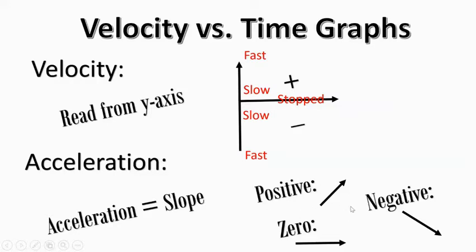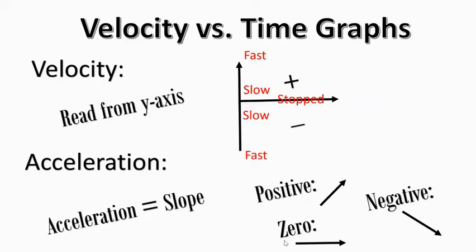If the line is going uphill from left to right, there must be a positive acceleration. If it's going downhill from left to right, there must be a negative acceleration. A flat line, neither going up nor down, means there's no acceleration. Again, that doesn't mean the object's not moving, but if it is moving, it's moving at a constant velocity, and it depends on where on the velocity graph that line is as to what that velocity is.